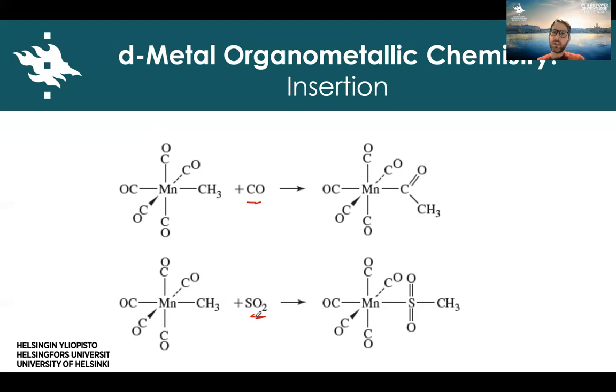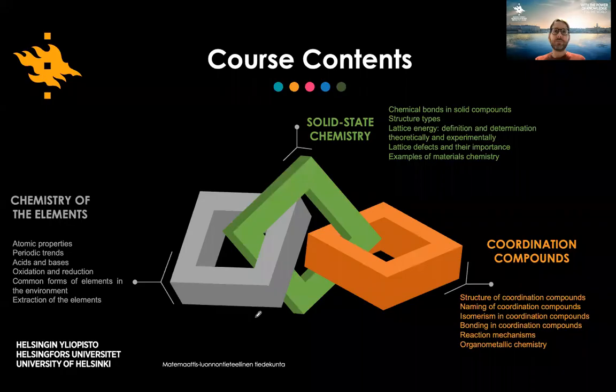There are also courses covering applications, and they would also cover applications of organometallic compounds in catalysis. And yes, with this, I think we finished the description of all the contents that we were planning to do in this course.